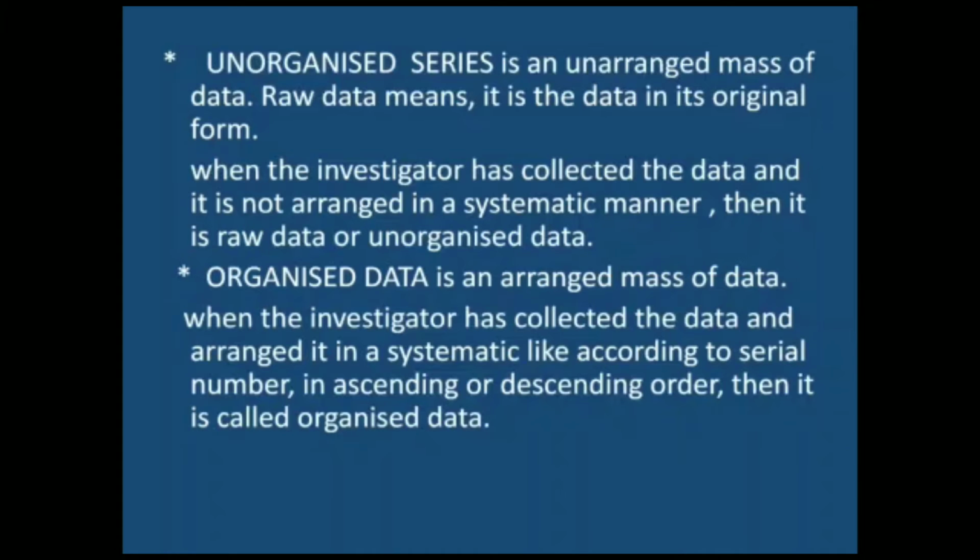It is not arranged in any way, increasing order or decreasing order or according to serial number, nothing. That is only a mass of data in a haphazard way. So that is called unorganized data.